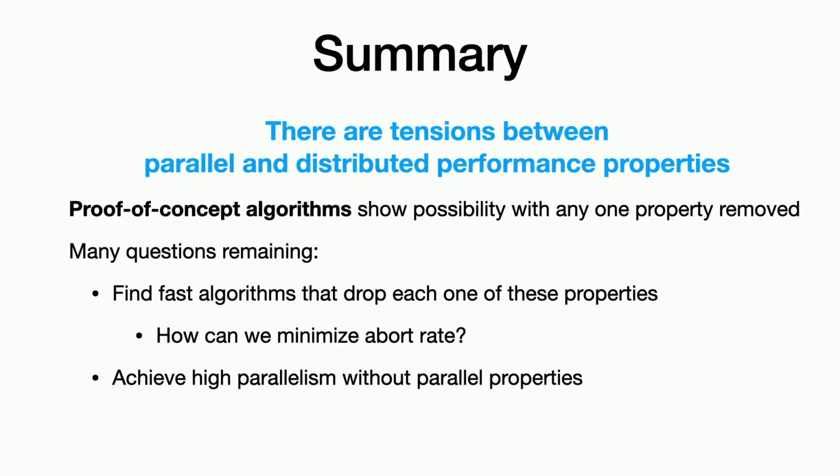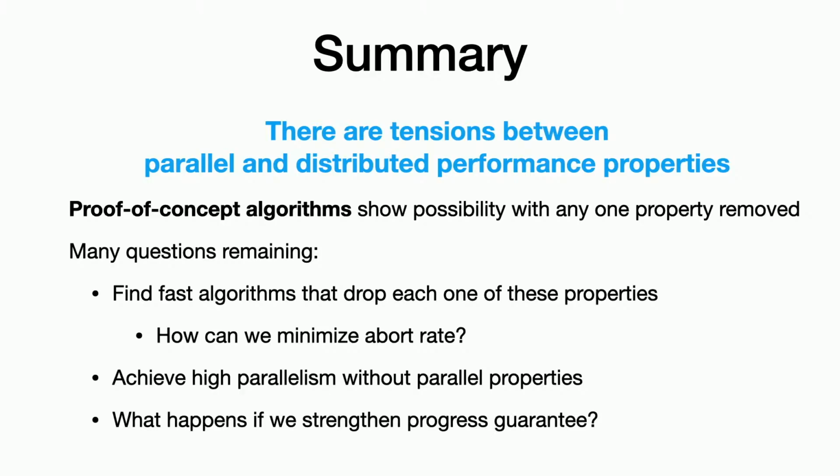Okay, and in general, there's a question of whether you can achieve high parallelism without invisible reads or disjoint access parallelism. Or can you tweak those properties to make them a little bit weaker, so that they still don't conflict in this manner with the distributed properties, and still have something pretty good? And also, we didn't talk at all about what happens if we strengthen the progress guarantee.